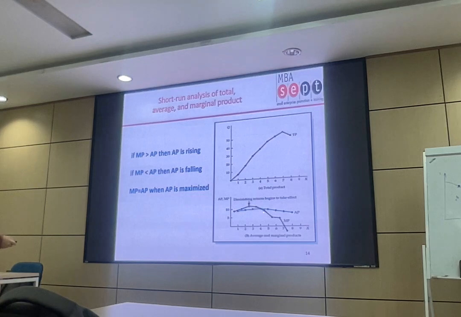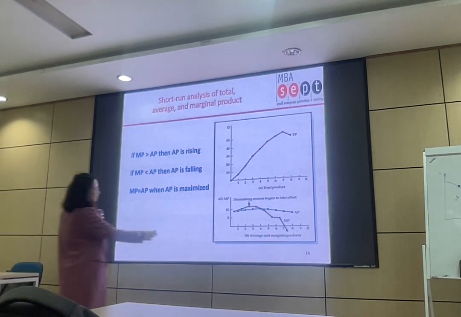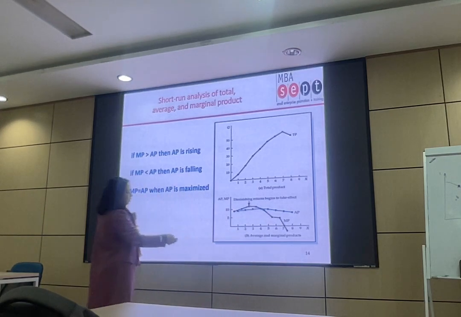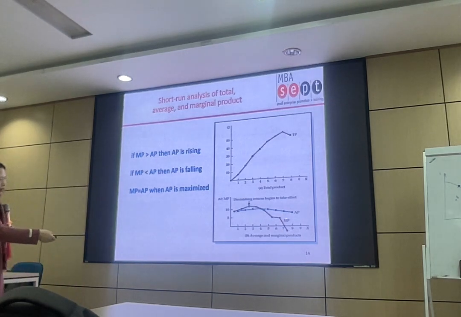And if you extend this curve, it will cross this point. The second stage is from this point to this point, where marginal product is equal to 0. And stage 3 is from this point on.